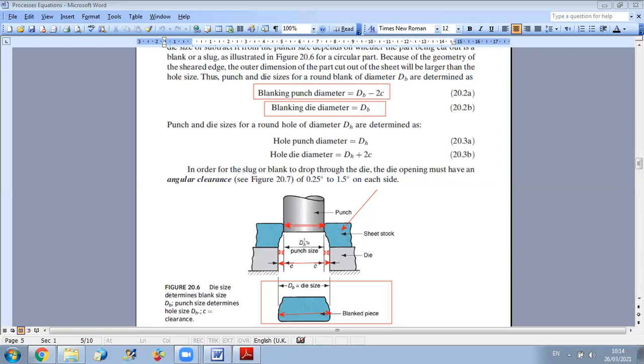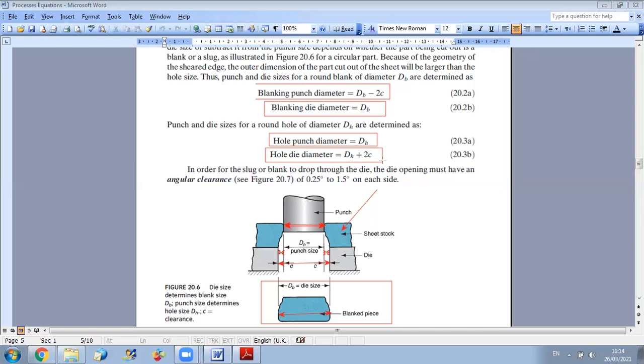So in a punching operation, the hole diameter will impose the punch diameter. And for the die, in order to allow for the clearance, in the case of producing a hole, the die diameter should be d_h plus 2c.